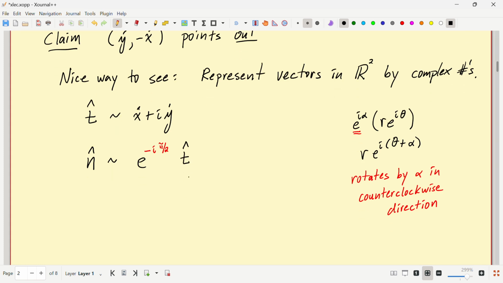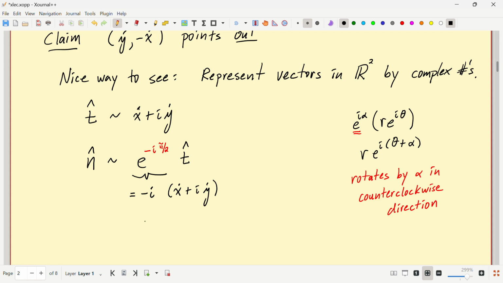But what is e to the minus i pi over 2? If you think in the plane, e to the minus i pi over 2 points straight down and it's a unit distance away from the origin. That's the point minus i. So this is actually minus i, and my T is x dot plus i y dot.